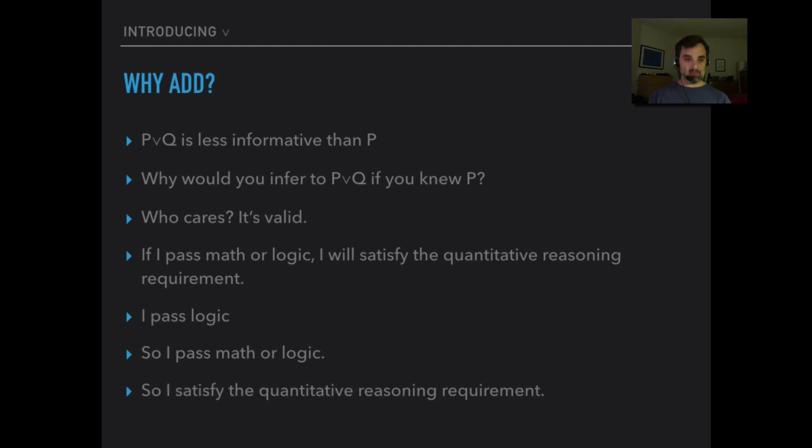And so in that first step from I pass logic to I pass math or logic, you did addition. So why would you do addition? Well, because there are other claims that disjuncts figure in. The other claim contains the disjunction, so you go via the disjunction to get an interaction.